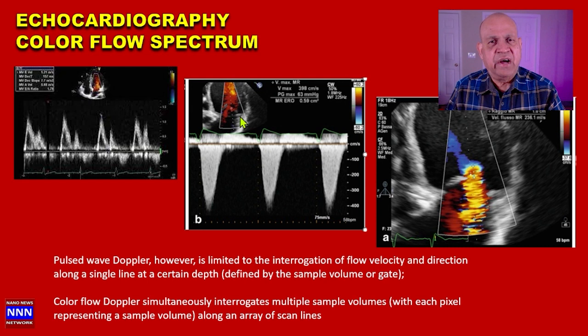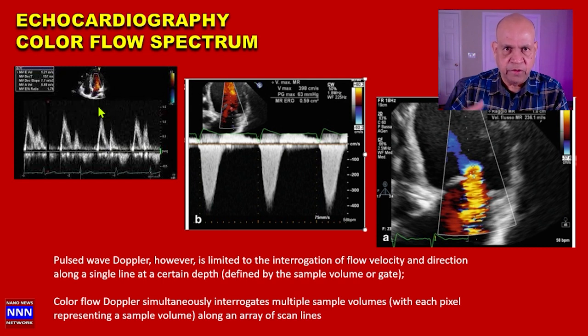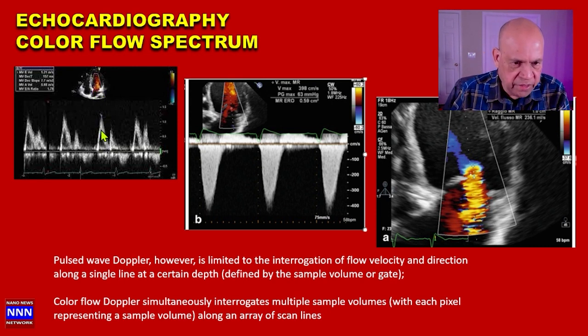And what is color flow Doppler? We have the velocity when the blood is moving from one chamber to the other. The velocity of the red blood cells is transmitted into the velocity in terms of numbers, like 100 centimeters per second or 200 centimeters per second, and that's what's plotted here.